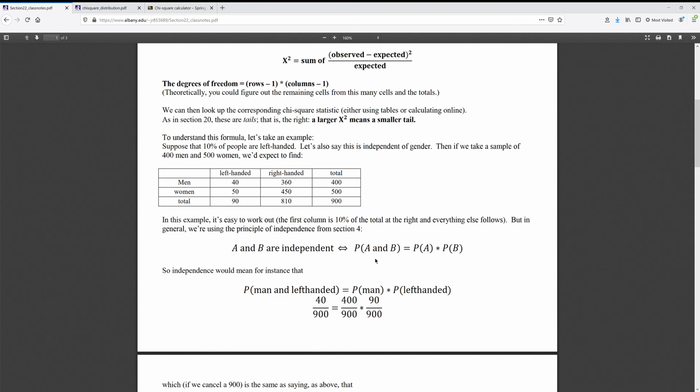So if the independence principle played out for this particular cell anyway, then what you would expect is that 40 over 900 would be the same as 400 over 900 times 90 over 900. And if the two concepts in general were independent, then that would be true for every one of those 4 cells here, or however many cells you've got, not counting the totals.